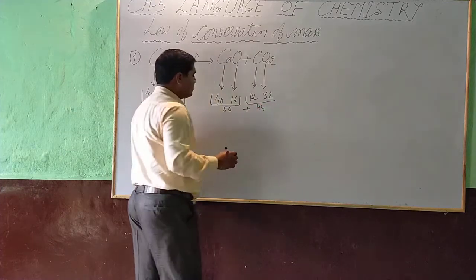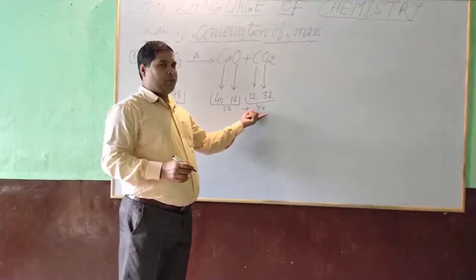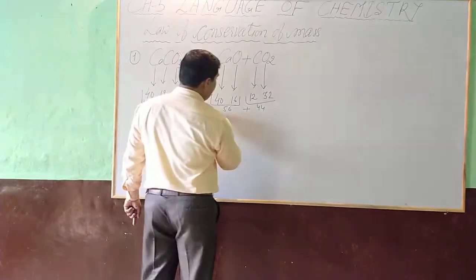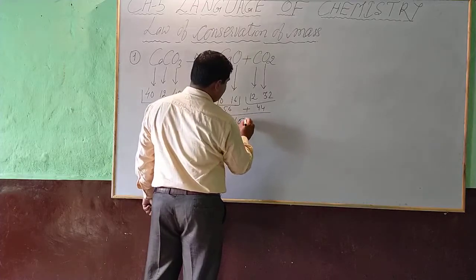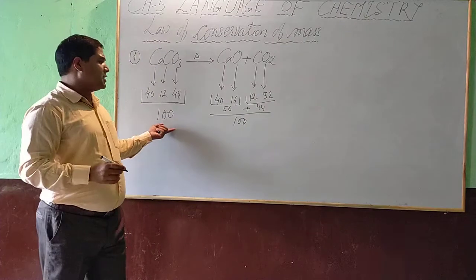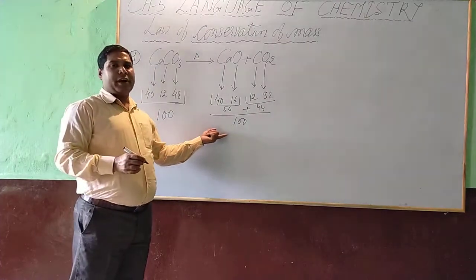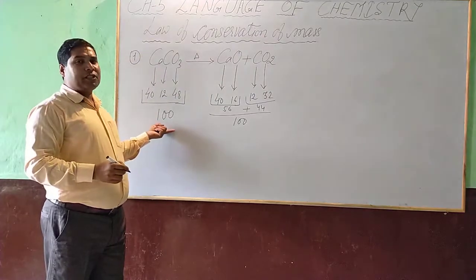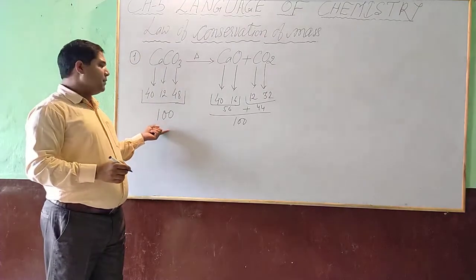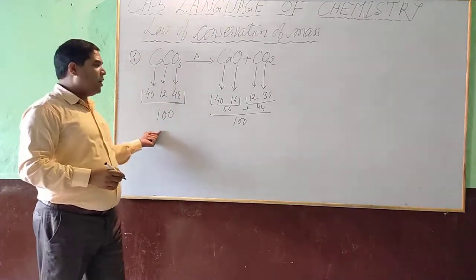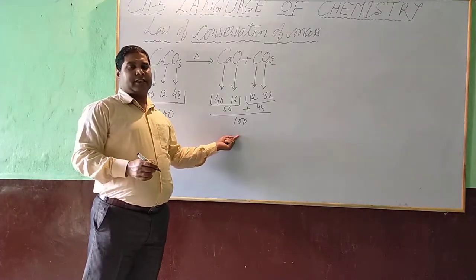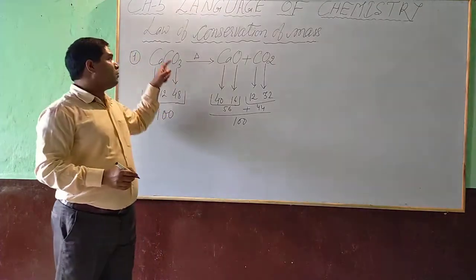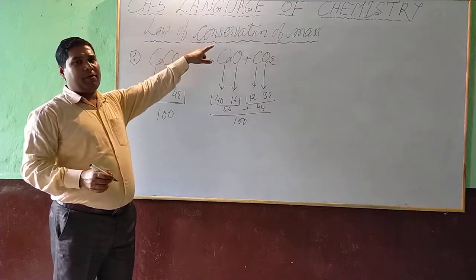Now you add both 56 and 44. The answer will be 100. So by this calculation of atomic mass of the equation, it is proved that mass always remains the same before or after the chemical reaction. And this proves the law of conservation of mass.